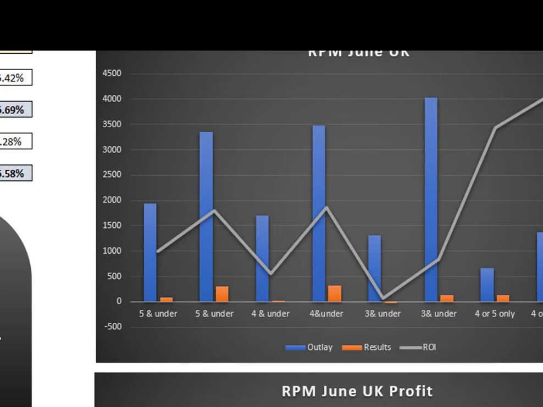And 4 and under on our staking plan, back one, made 319, so a big difference in profit there, and I'll show you that in a sec. 3 and under actually made a loss, about a £20 loss, and 3 and under on a staking plan made 123 profit. Obviously, as you're reducing the amount of horses, the races do reduce.